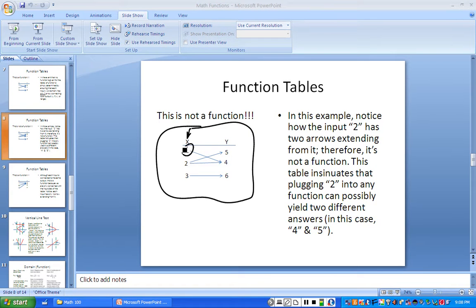So when I look at the 1, it has one answer. When I look at the 2, if you notice, it has two answers. It has this 5, and the 2 has this 4 for an answer. So that right there tells me that this can't be a function, because it's impossible to plug 2 into a function and get an answer, and plug 2 into the same function and get a different answer.